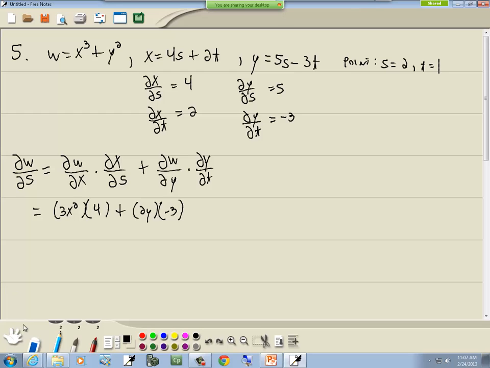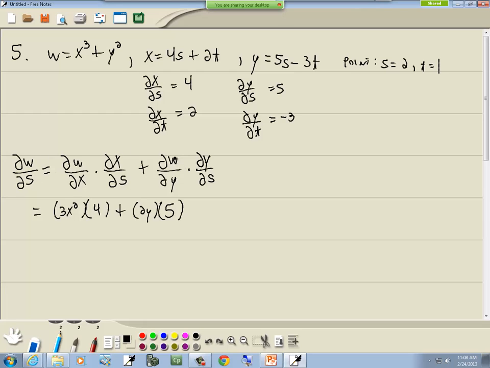And, boy, that should be a t, that should be an s. There we go. Partial y with respect to s is 5. Okay, let me go over that again. Partial of w with respect to x, which would be 3x squared, times partial of x with respect to s, which is 4, plus, and you can tell if it works because these are going to cancel and leave you the same things you see here.